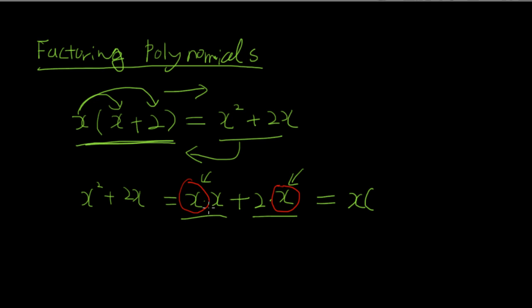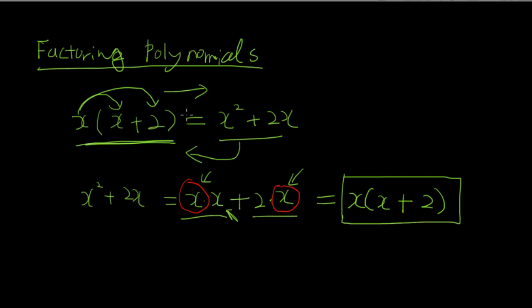If I factor x out, there's still this x left behind. What's the linking operation? It is plus, because we have plus there. What's left behind from this once we factor x? Well, 2. Just like that. And that result is factoring.